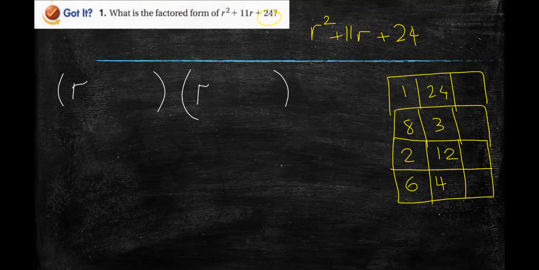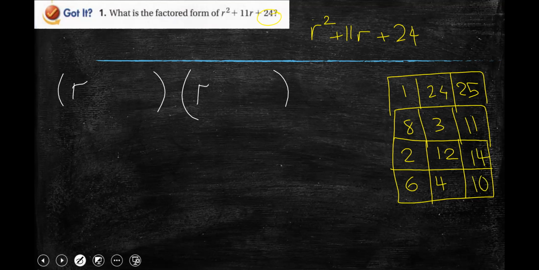Now, after I wrote all these 4 pairs of numbers, give me one pair of numbers that if you add them, you get 11. Let's see: 1 plus 24 is 25. 8 plus 3 is 11. 2 plus 12 is 14. 6 plus 4 is 10.